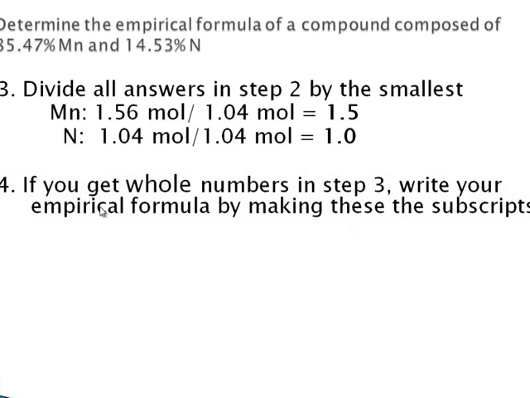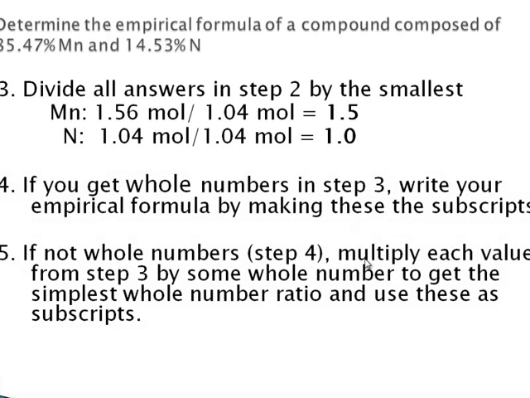So remember, it said if you get whole numbers in this step, then I'm done. But I don't have whole numbers. I've got 1.5 and 1, and I can't write a formula that says Mn1.5N1. I need to have whole numbers in my subscripts. So if it's not a whole number, what you need to do is multiply by some whole number to get the simplest whole number ratio.